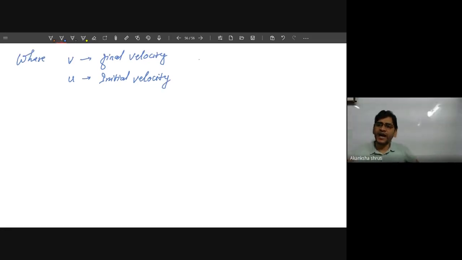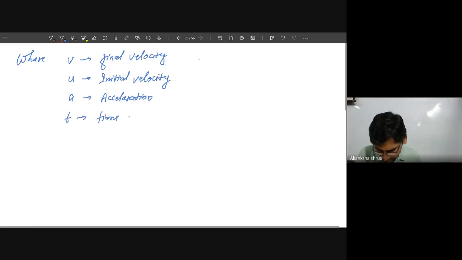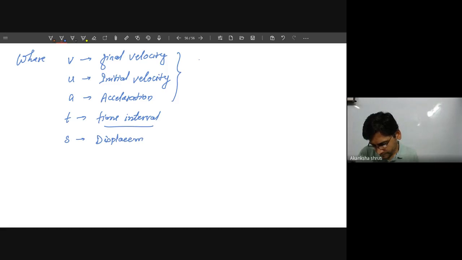When the observation starts, at that time, what is the velocity? What is our final velocity? After time t, what is the velocity? a is the acceleration, t is the time interval, meaning how long the observation is done. So in this time interval, all these quantities are considered. Other than that, s gives the displacement. So these were the quantities.